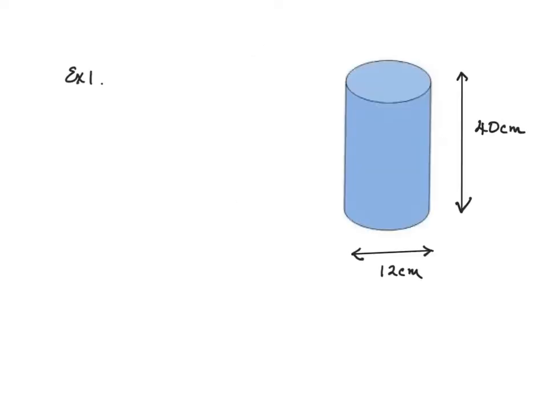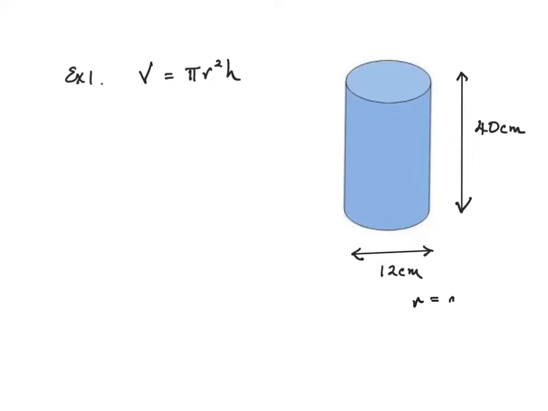First example, we want to work out the volume of the cylinder shown. So V equals pi r squared h. First problem then is the radius of the base. Well, we're told this here is the base diameter, and we know how to get the radius from the diameter.